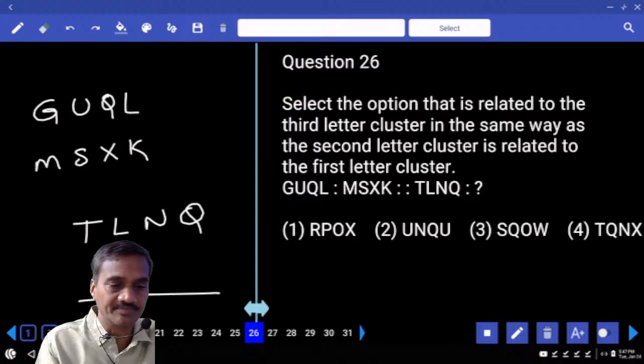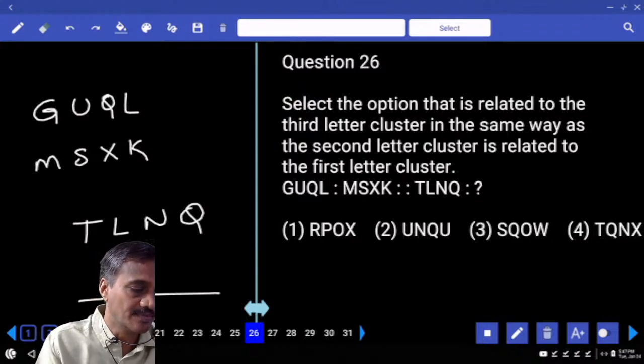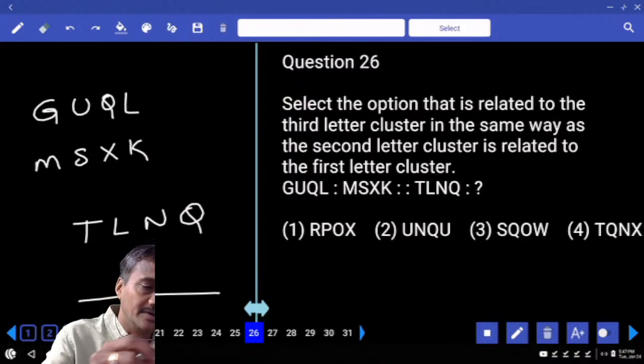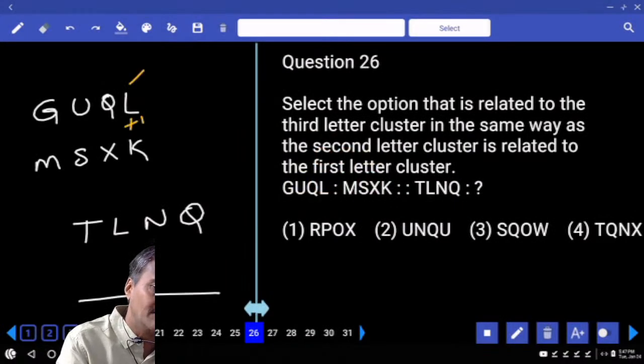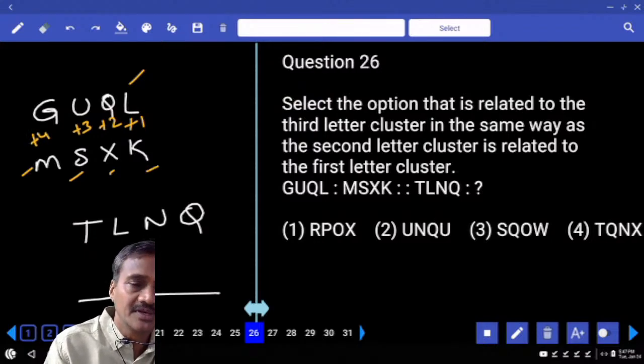Now G and M, what is the relation between these two? Any logic in this one? No. If you observe here, L, the next letter, is M. L plus 1 is M, Q plus 2 is S, U plus 3 is X, and G plus 4 is K. Hence 4, 3, 2, 1 letters are added and written in reverse order.